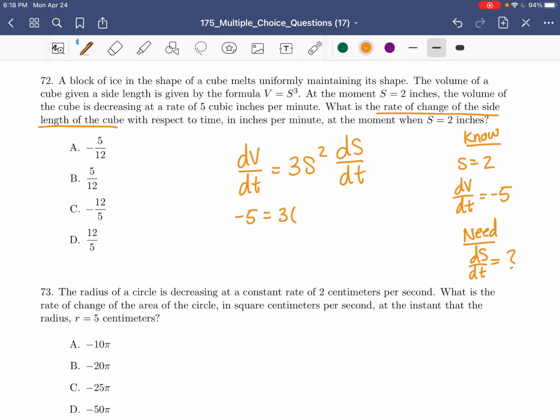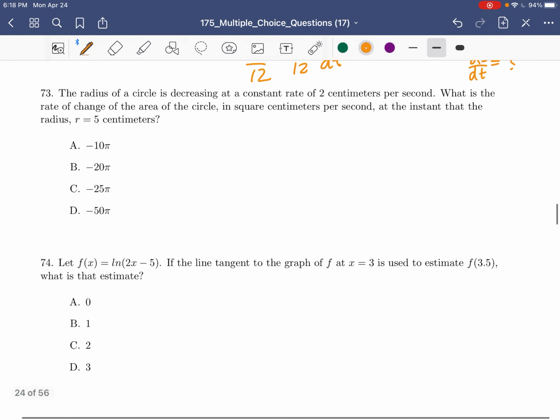So -5 equals 3 times 2 squared times ds/dt. Then if I simplify this, I get -5 equals 12 ds/dt, divide by 12. So our answer is A. See, not all related rates problems are terrible.